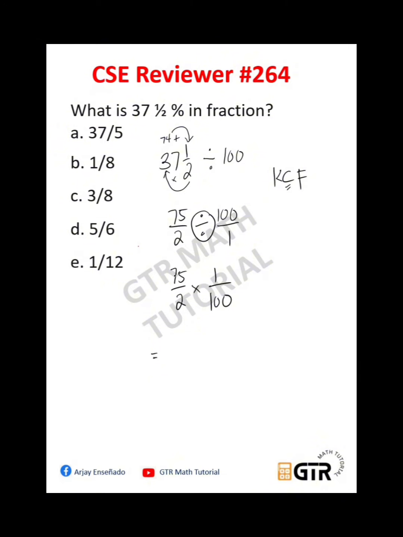We can divide 75 and 100. They are both divisible by 25. So 75 divided by 25 is equal to 3, and 100 divided by 25 is equal to 4. Then multiply the numerators. 3 times 1, we have 3. Multiply the denominators. 2 times 4, we have 8. So therefore, 37 1/2% in fraction is 3 over 8, letter C.